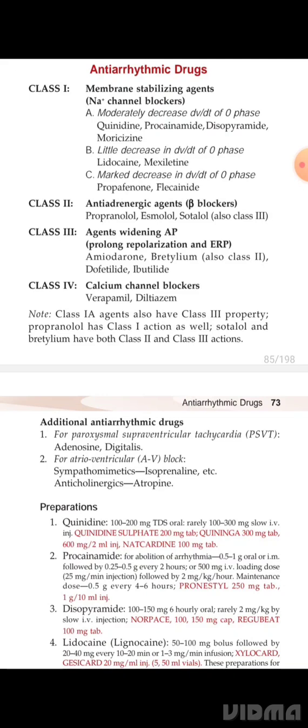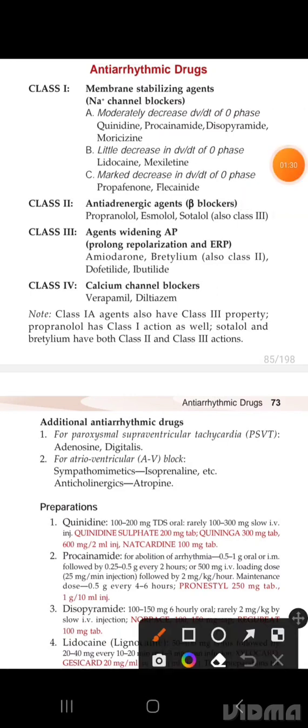The drugs we use for this arrhythmia are called antiarrhythmic drugs. Very simple. Class 1 drugs are there, class 2, class 3, class 4, and additionally they are classified for paroxysmal supraventricular tachycardia and also for atrioventricular block. So we will find our drug.